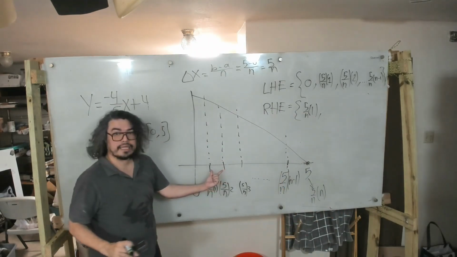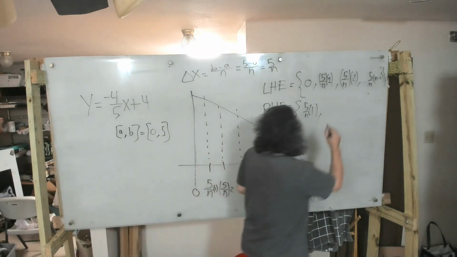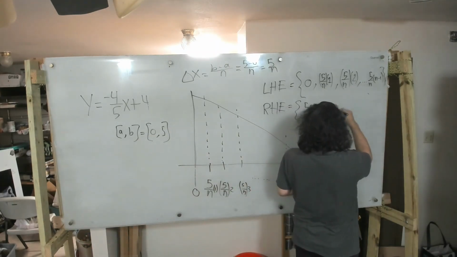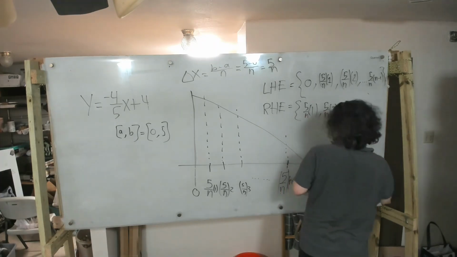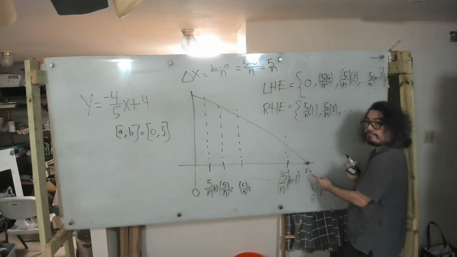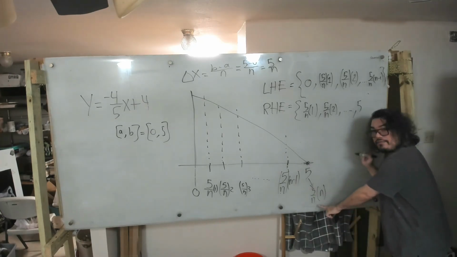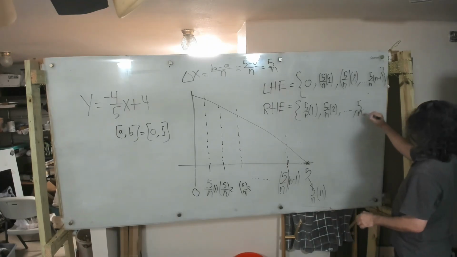Our second rectangle would have right-hand endpoint 5 over n times 2. And our final rectangle would have right-hand endpoint 5, right? Or in other words, as we saw earlier, 5 over n times n, okay?